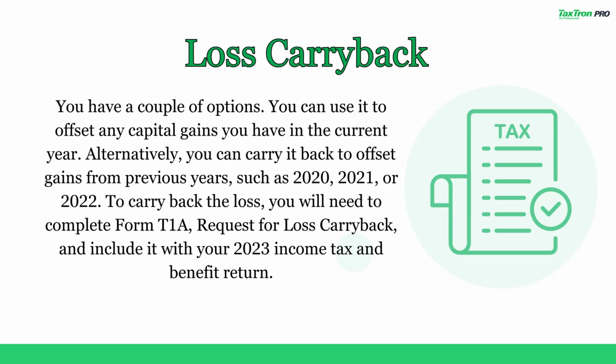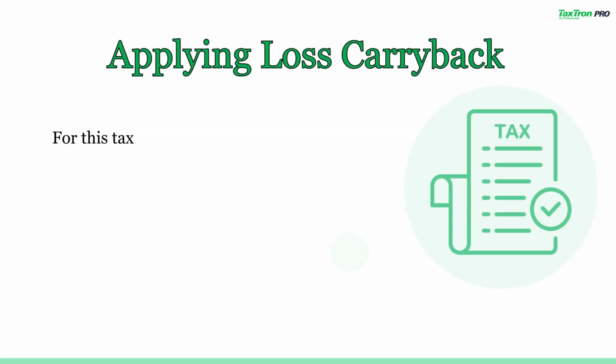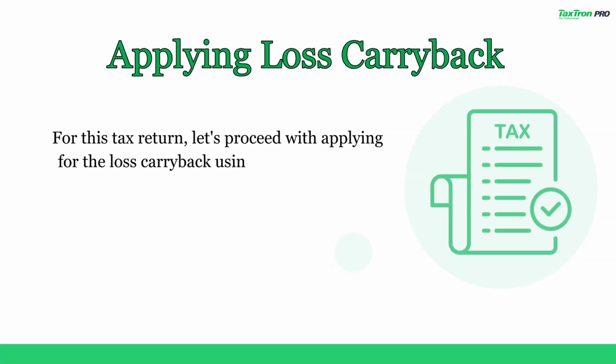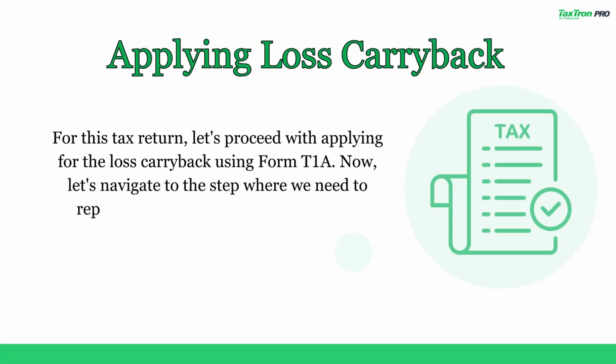To carry back the loss, you will need to complete Form T1A, Request for Loss Carryback, and include it with your 2023 income tax and benefit return. For this tax return, let's proceed with applying for the loss carryback using Form T1A. Now, let's navigate to the step where we need to report our previous year's capital gains.